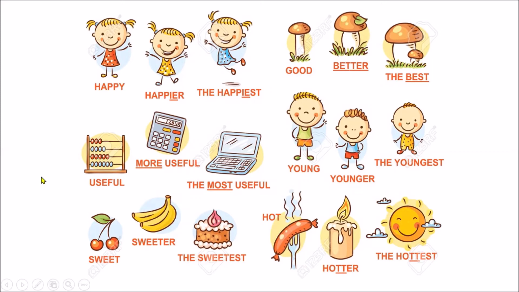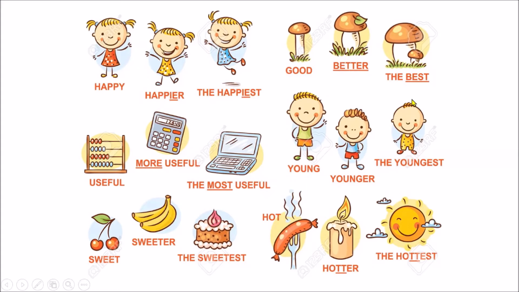So here you can see that there are a few adjectives and they are positive, comparative and superlative. All forms are mentioned. You can see here this girl is happy. In this picture you can see this girl is happier than this girl, and in this you can see she seems to be very happy. So she is the happiest one. In the same way there are three words: positive, comparative and superlative.